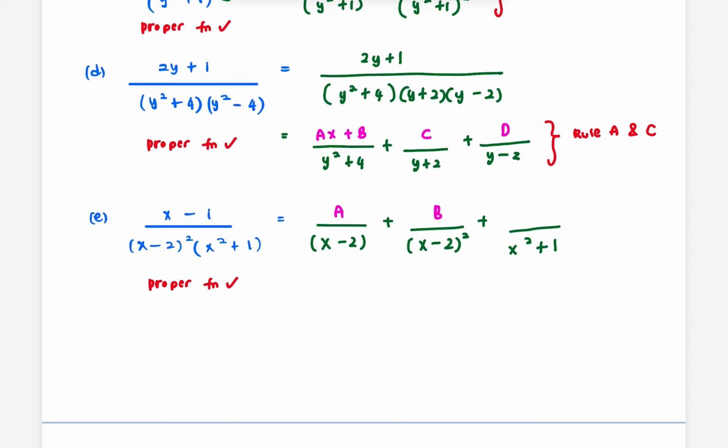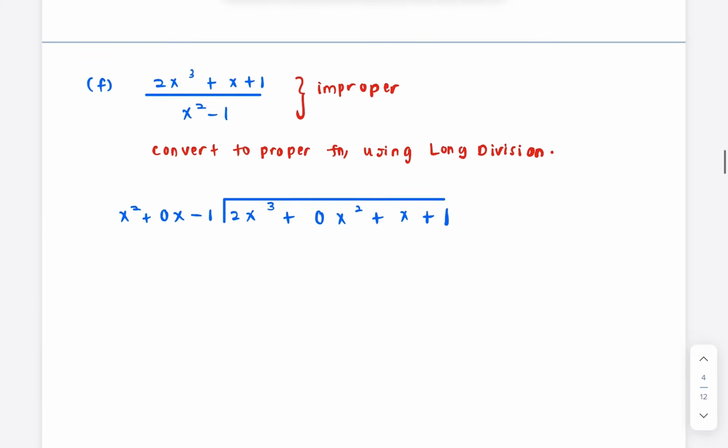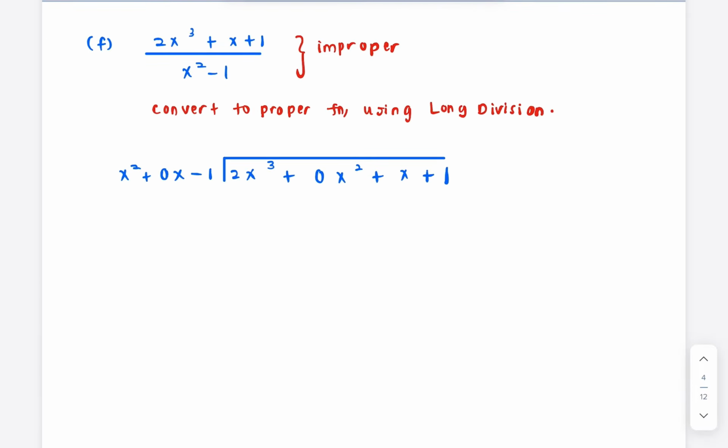This one, the highest degree for numerator is 3, denominator is 2. So this is improper. If improper, convert to proper using long division. So this is the long division method. What is the value? If you multiply with x squared, you get 2x cubed. So you have 2x.